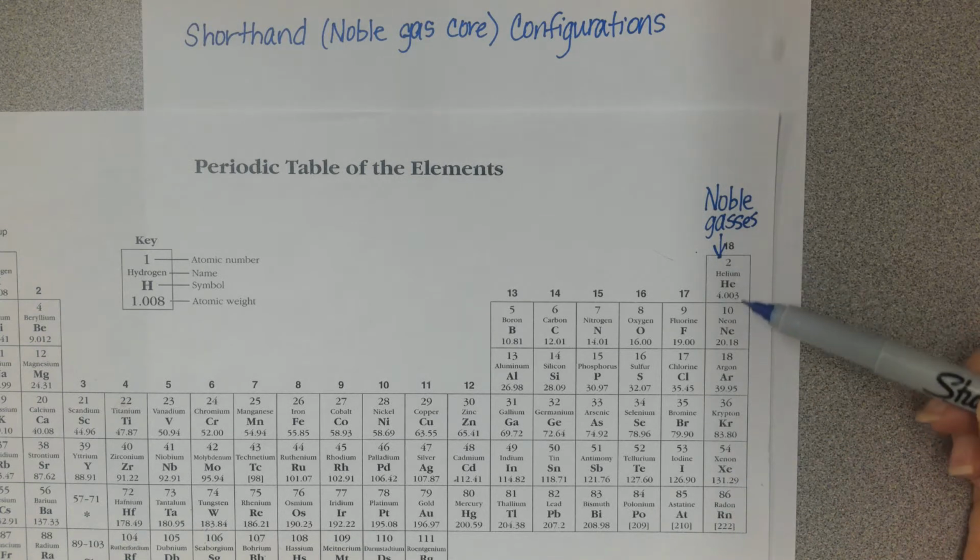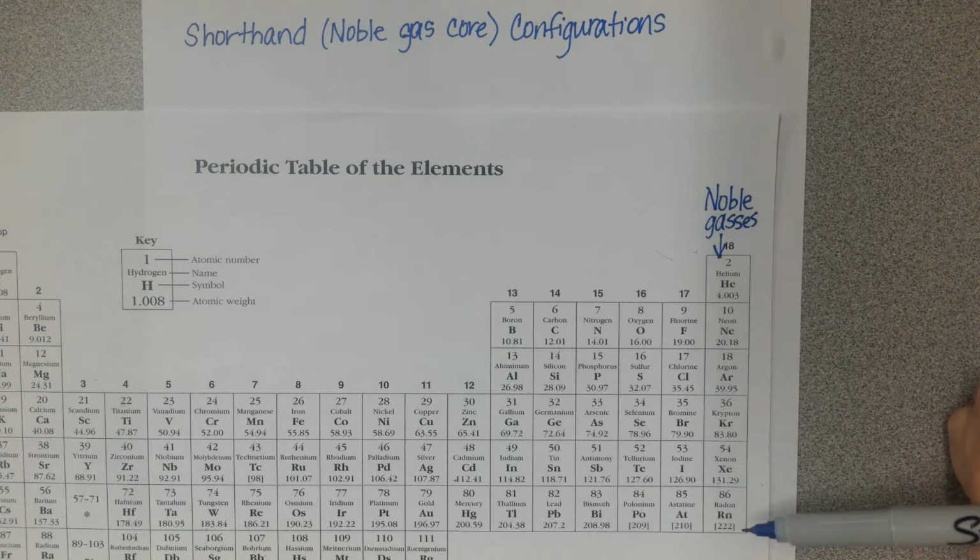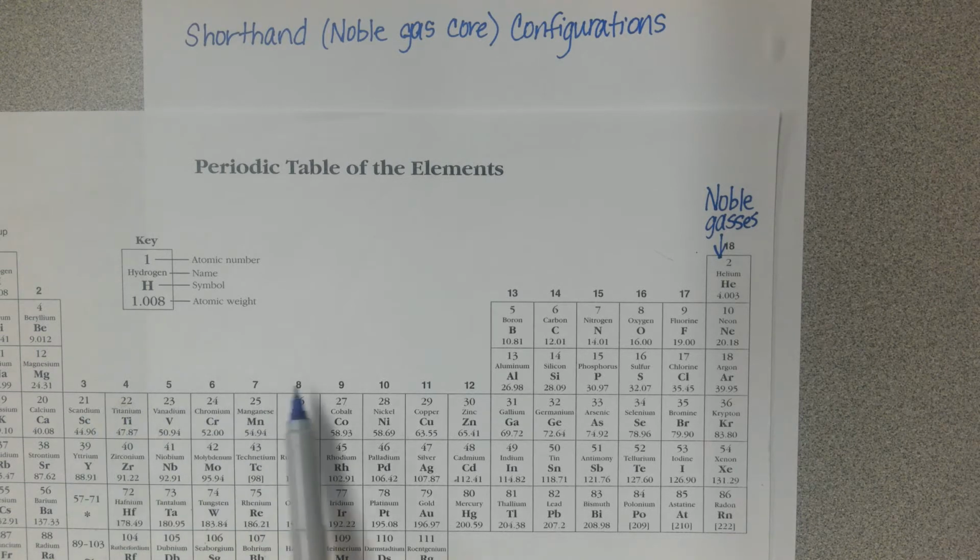And so we're going to use these noble gases to shorten our electron configurations for elements. The reason that we use noble gases is because noble gases come at the end of each row.